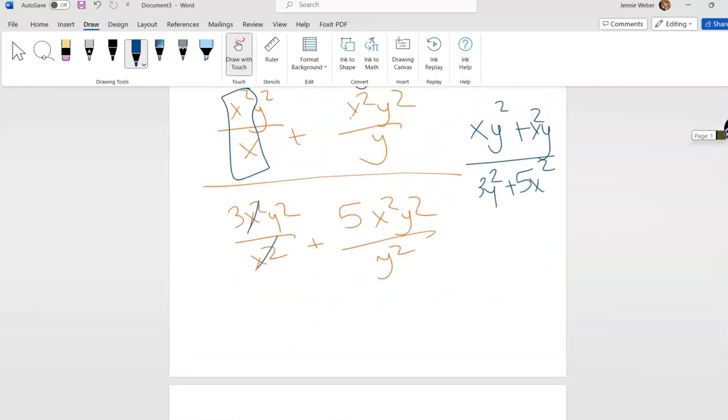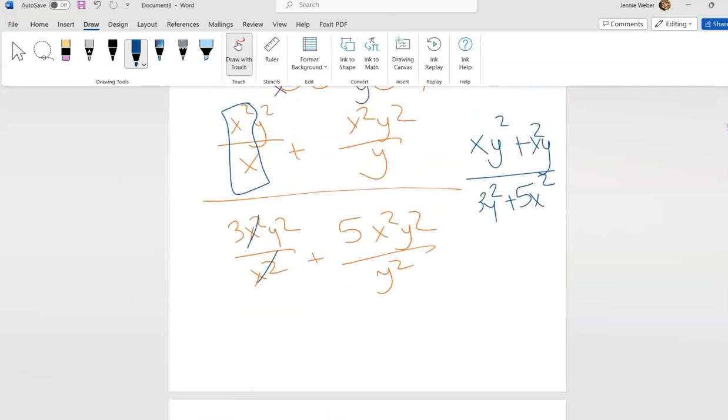Okay, now I ask myself, can I do anything? So let's see here. Can I do any factoring of this? On the top, I can take out an x y, and I'm left with y plus x, right? So I took out an x and a y, leaving me one y here, and one x here.